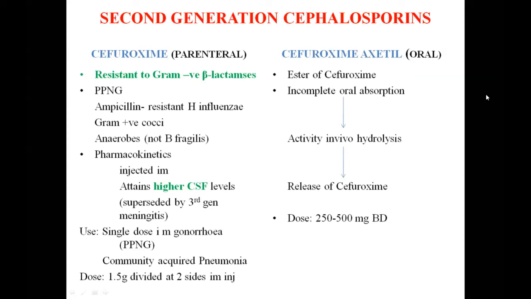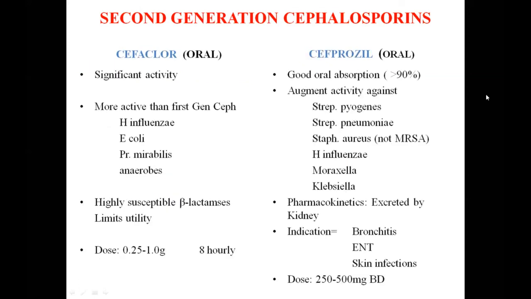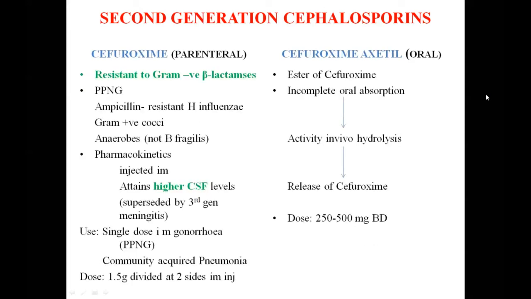Now, in second generation cephalosporins, other than cefuroxime, there was another drug, cefoxitin. You can see the classification, I have mentioned cefoxitin. This cefoxitin is not available in India, but it is effective against the anaerobes and against Bacteroides fragilis. Cefuroxime is not effective, but cefoxitin is effective.